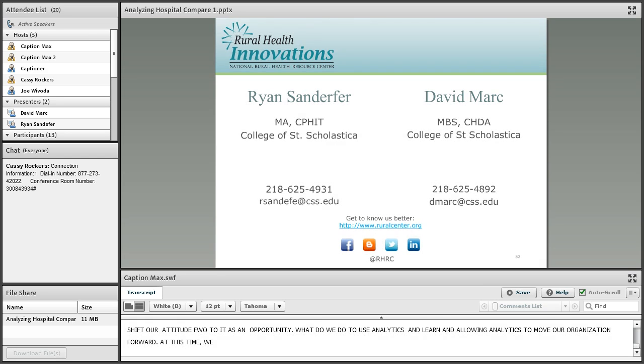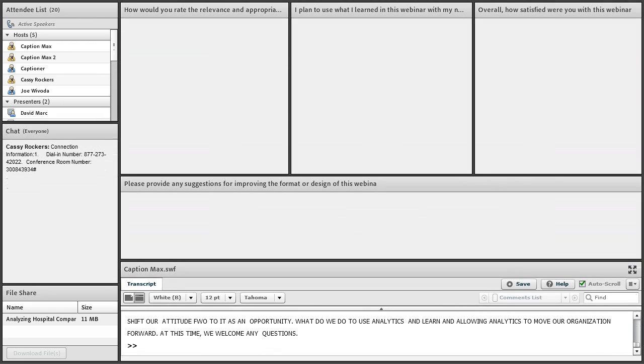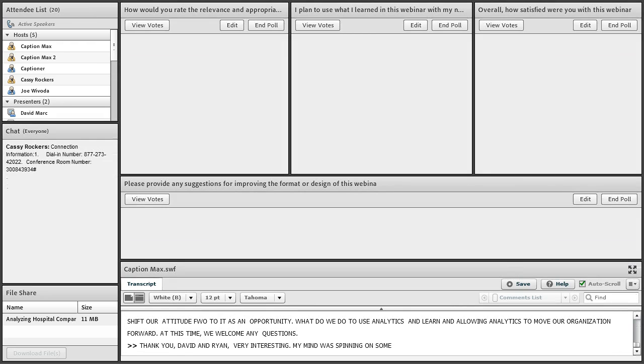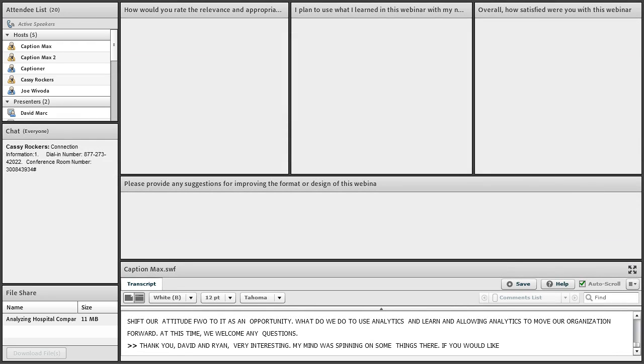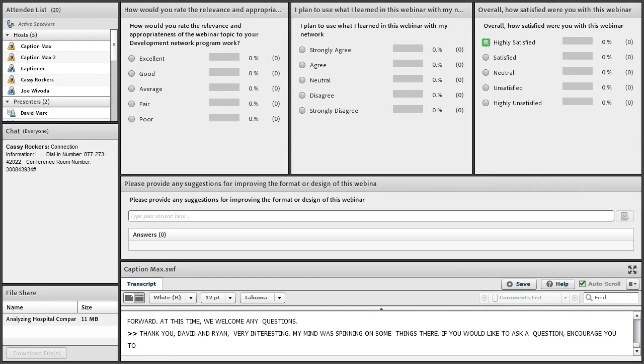So if you look at the blue line on the graph here, this is actually the Minnesota state average. If you recall from our prior slide, the Minnesota state average is 22.2, and that's shown as the blue line. Now, the red line is the observed readmission rate for Essentia, and if you recall, that was 21.5.